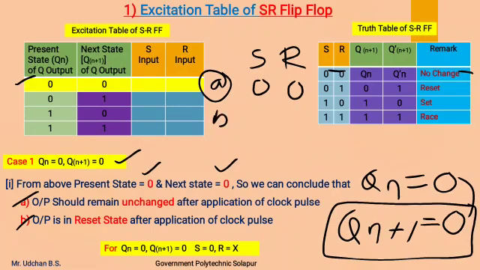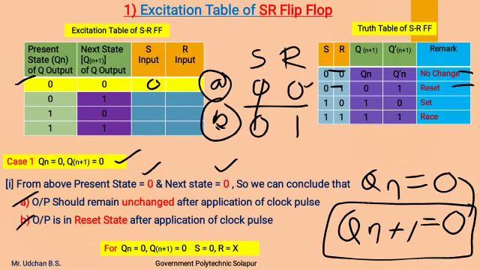Whereas we have the second conclusion, in which the output is in the reset state. This is the reset state of the SR flip-flop, for which S and R are 0 1. S is 0 and R is 1. Now if you observe these two input combinations of S and R, for both conclusions S is the same, that is 0, so I will write 0 over here, whereas R is changing.